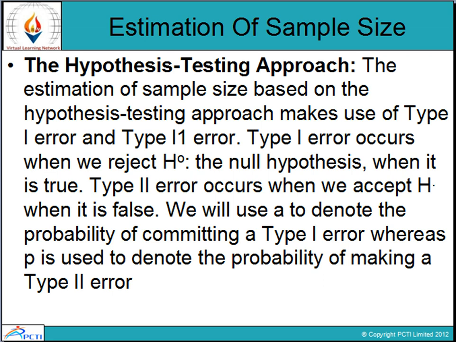Type 2 error तब occurs जहाँ पे we accept H0 when it is false. So we will use alpha to denote the probability of committing a type 1 error, whereas beta is used to denote the probability of making a type 2 error.